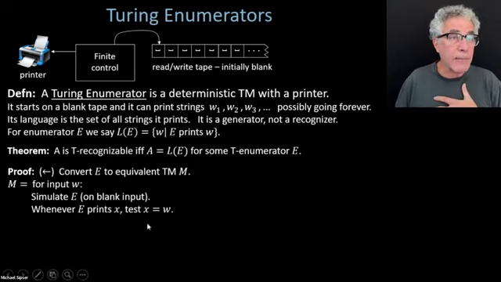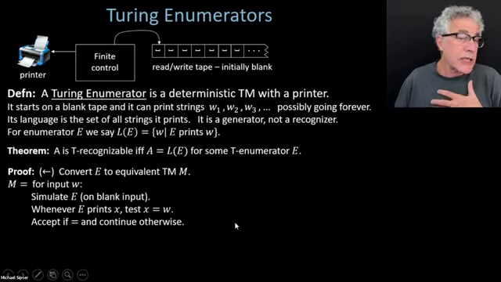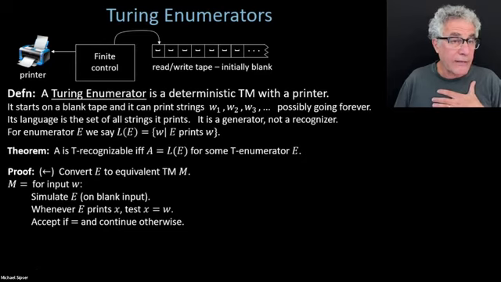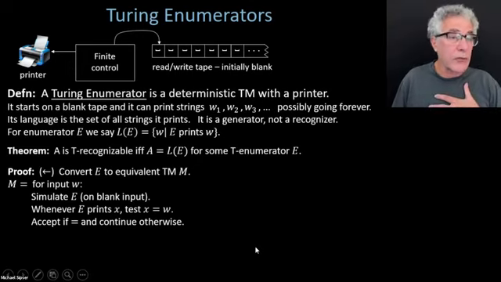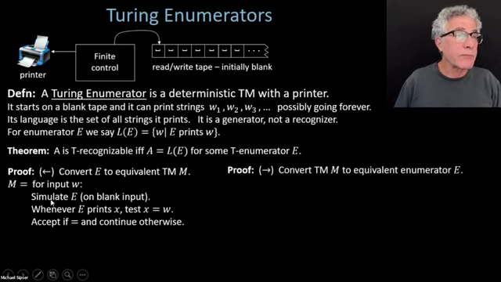But if I compare and compare and compare, and I never see the enumerator printing out my input string 1101, well, I just keep simulating E. If E halts, then I can halt and reject if I've never seen that string coming out as an output. If E doesn't halt, I'm just not going to halt either. I'm going to go forever, but then I'm rejecting my input by looping. Okay, so that's the proof in this backward direction, which is the easier direction.